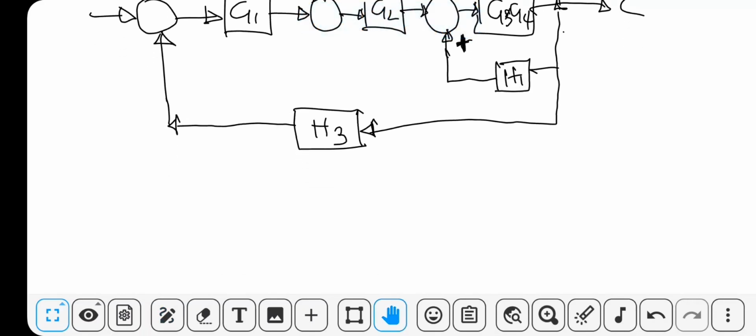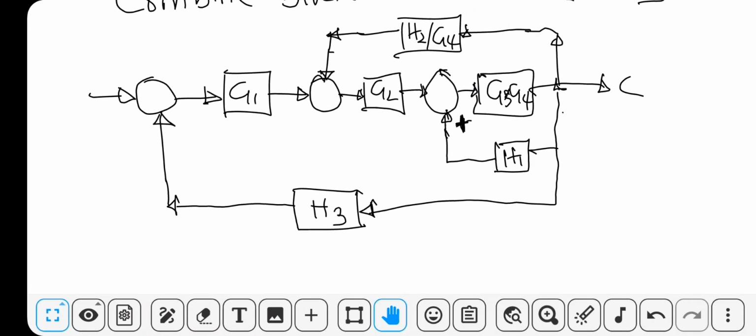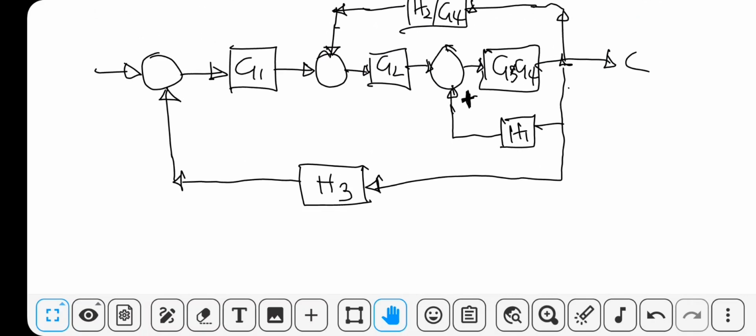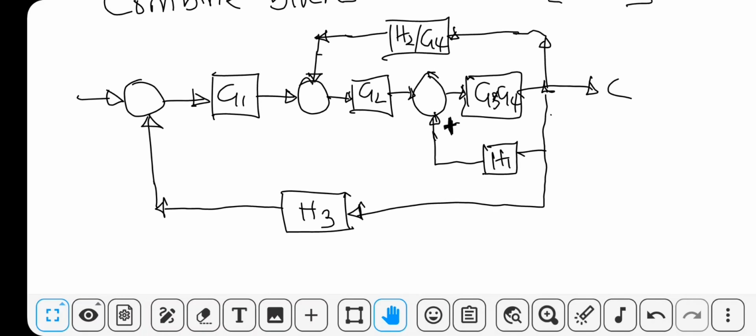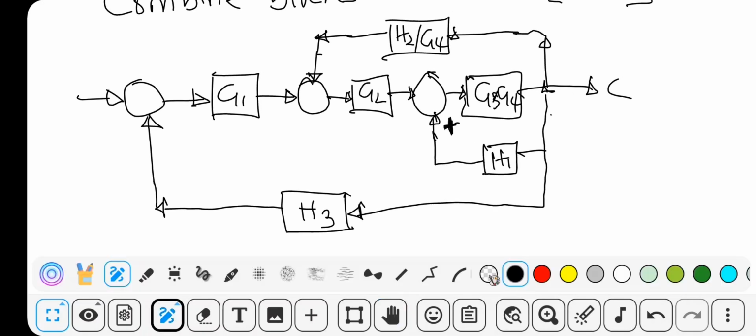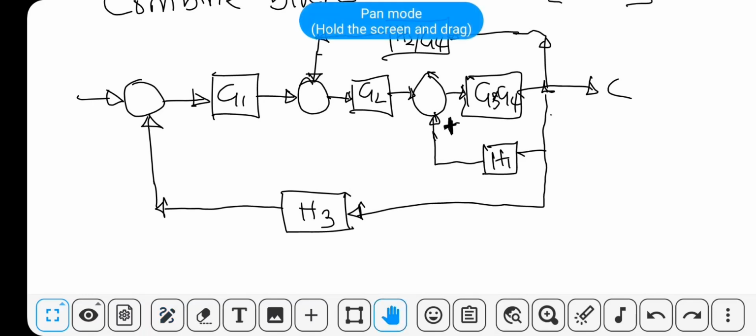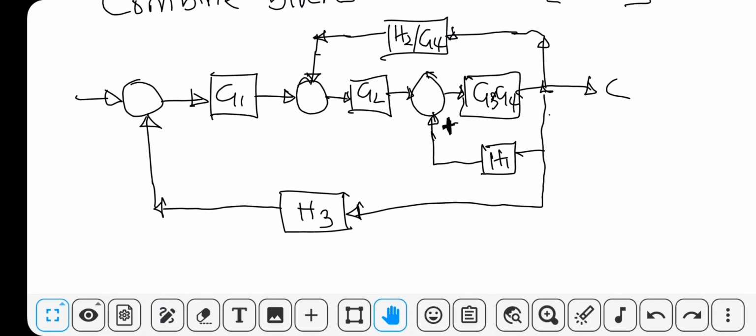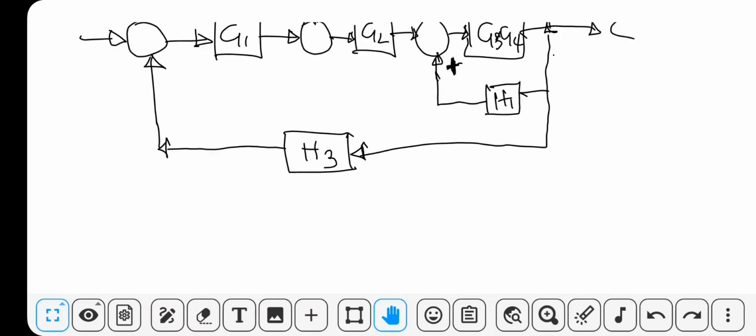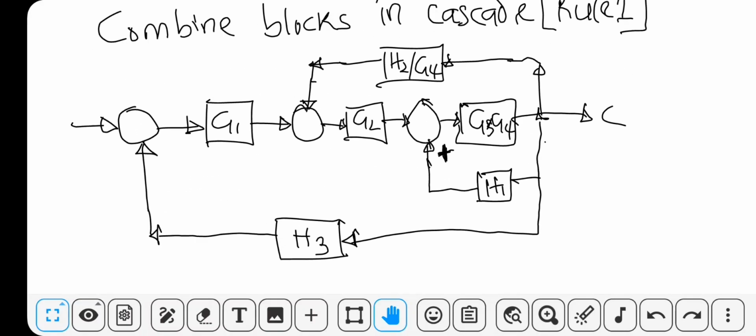So now the next rule we are going to use is rule 4, which involves combining blocks in parallel. So from here, these two blocks are in parallel, so we can combine them. That's why I needed this positive sign.